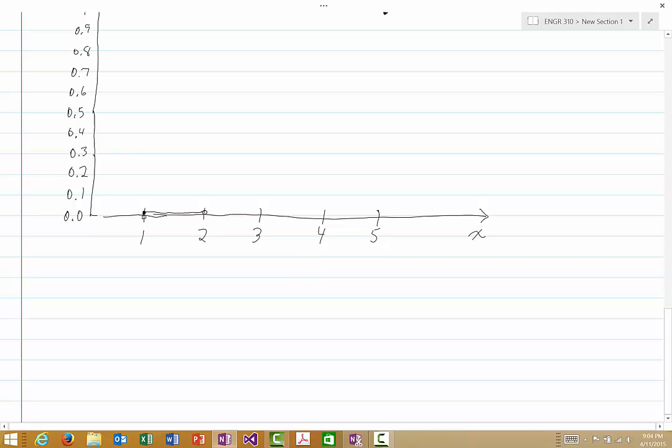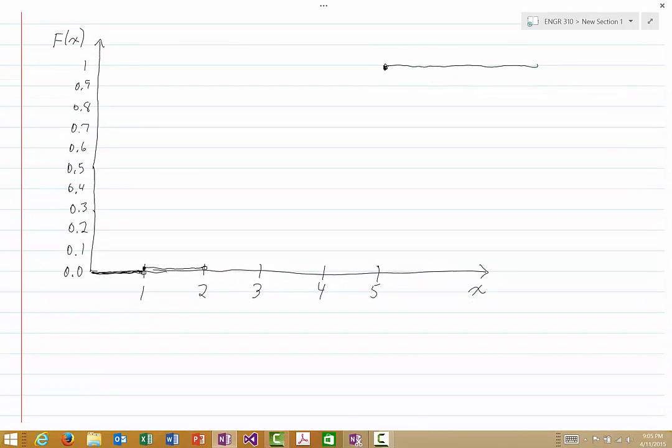So we could put a hollow circle there, and then extend this. And that's meant to show that for any little x that is strictly less than 1, capital F of x is equal to 0.